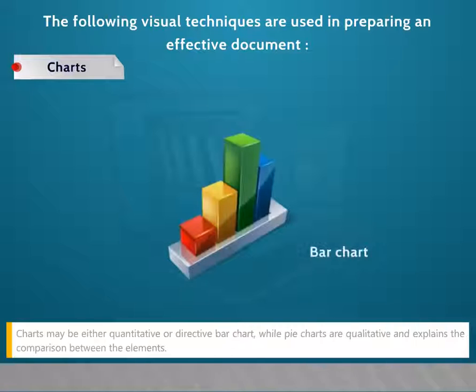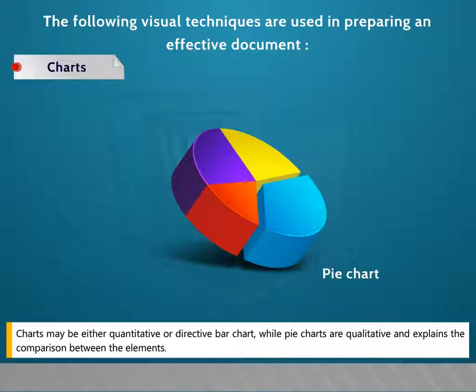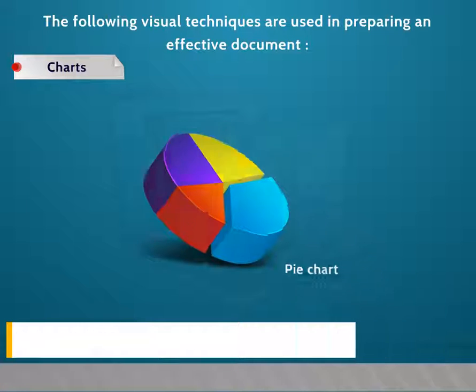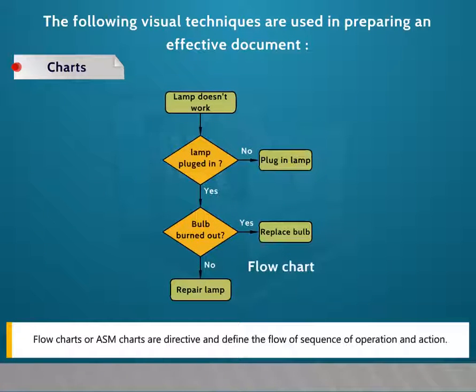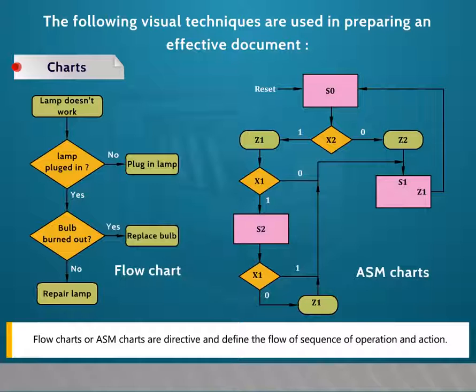Charts. Charts may be either quantitative or directive. Bar charts and pie charts are quantitative and explain the comparison between the elements. Flow charts or ASM charts are directive and define the flow of sequence of operations and actions.